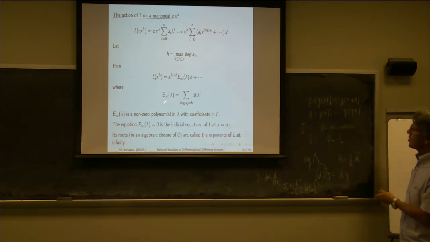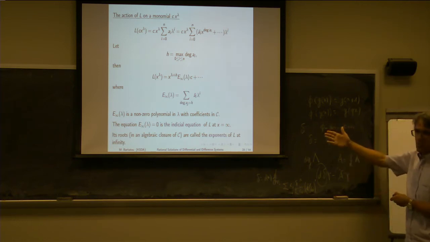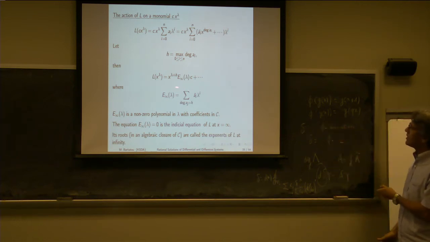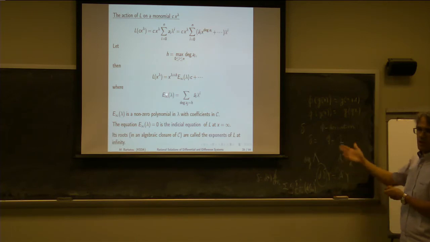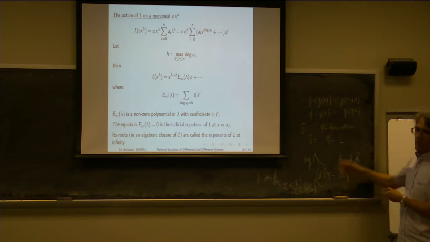You are sure that this initial equation in that case is of degree n, but in general, this is of degree less or equal to n. It might be that this is just a constant and it has no roots. So this means that there is no local power Laurent series solutions, or so no polynomial solutions.